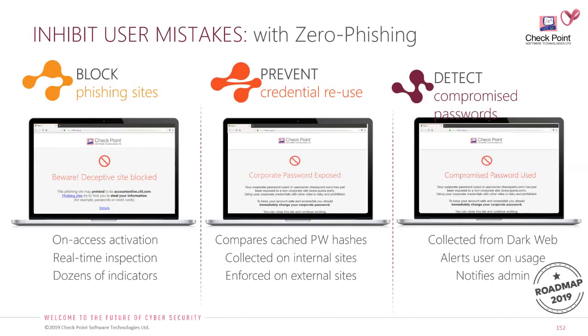And we have a credential reuse and compromised password mechanism also. For example, on the same endpoint, you are trying to access Facebook as well as your corporate resource. On Facebook you are using the same password, like admin at 123, and for your corporate internal resource you are using the same password.